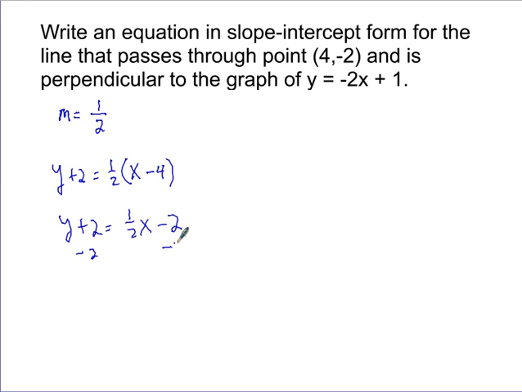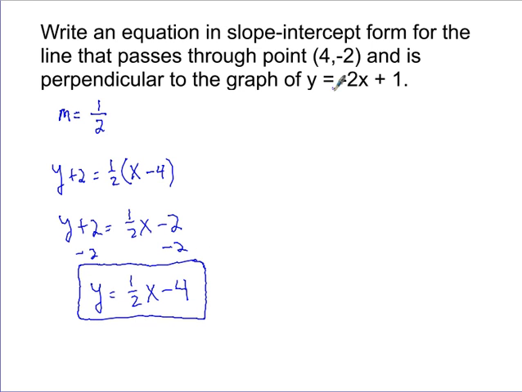Subtract 2 from both sides. So y equals 1/2 x minus 4. And that is the equation for the line perpendicular to this line that passes through the given point.